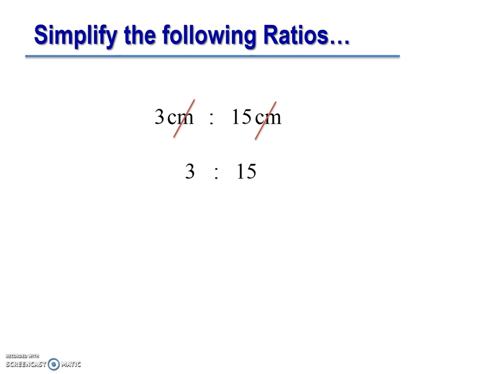However, just like simplification of fractions, the ratio of 3 to 15 can be further simplified to the lowest term. We just divide both parts by 3, and finally we get 1 and 5.